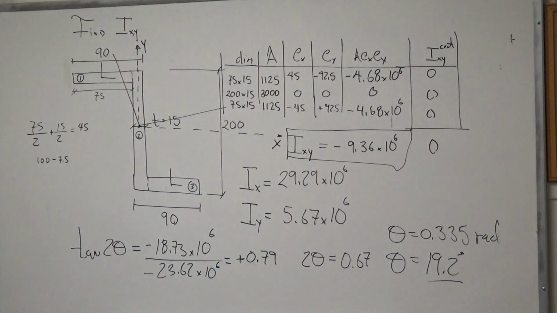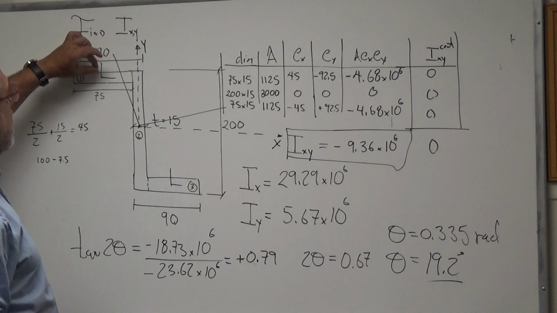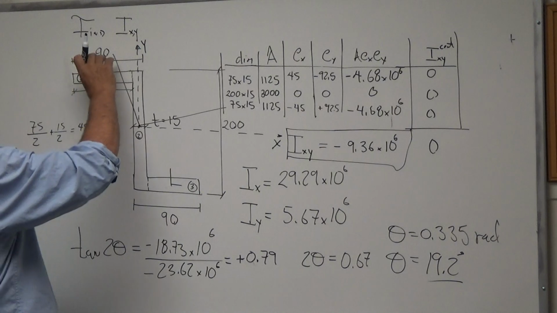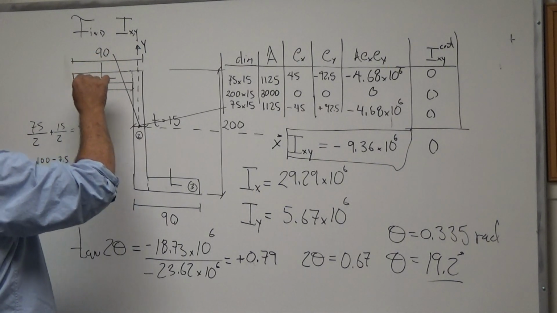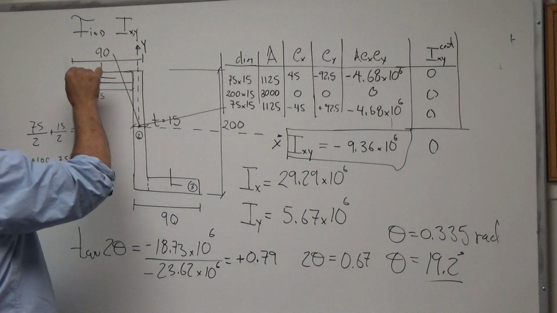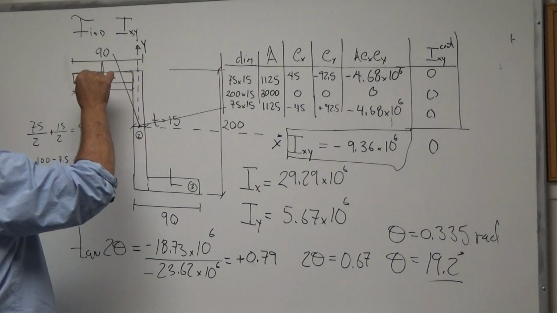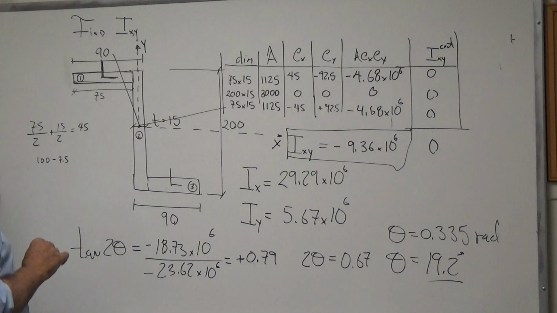Now, the IXY of this block about its own centroid is 0.